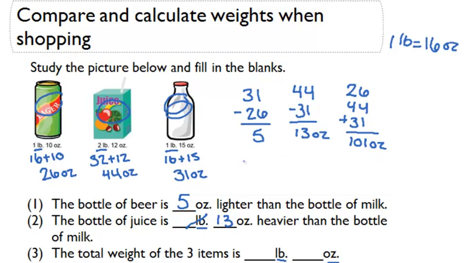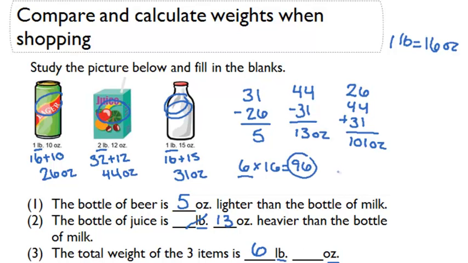Now, I know that 6 times 16 is equal to 96. And since there are 16 ounces in a pound, I know that 96 ounces would be 6 pounds. So since 101 is just over 96, I know that I can fit 6 pounds into my 101 ounces.